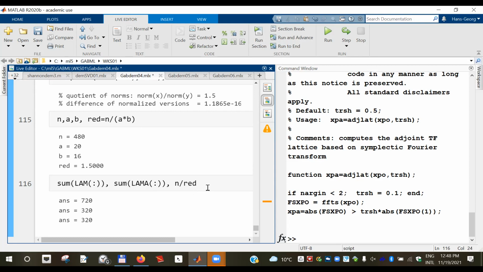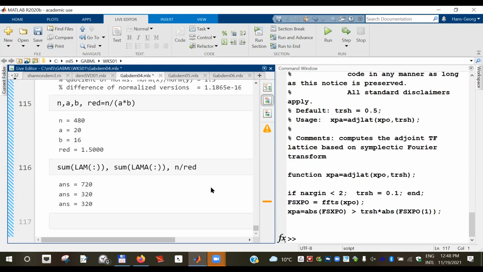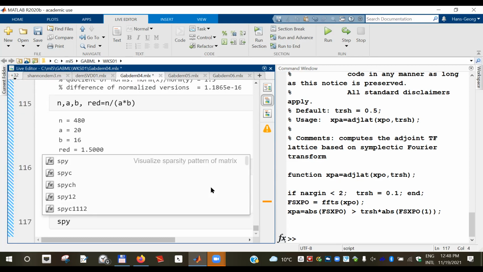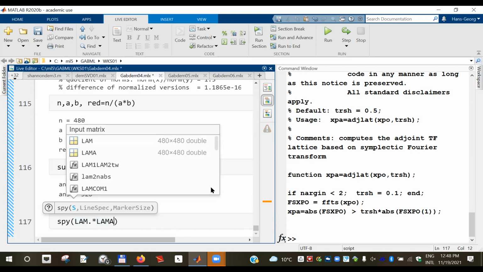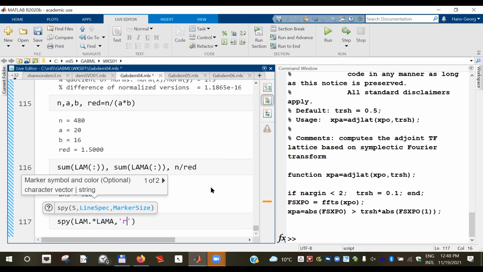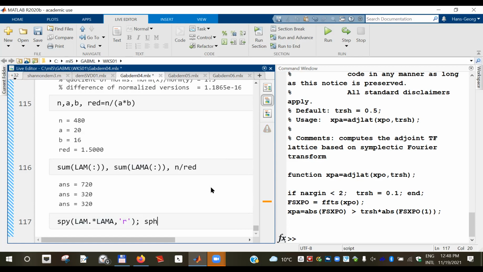Yeah, okay, we could try at least this here. I mean, really do a plot of lambda in red, and then the adjoint lambda in blue, just to see if it works.